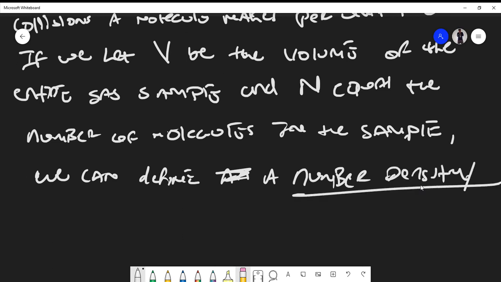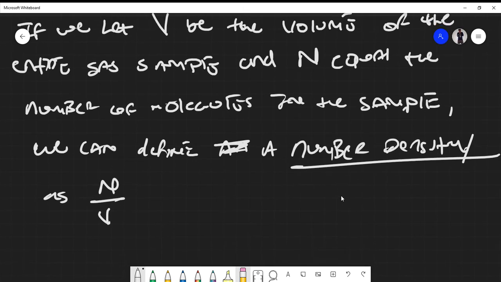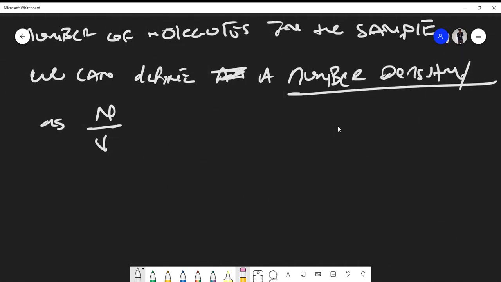We define the number density as N over V, simply the number of molecules divided by the volume.